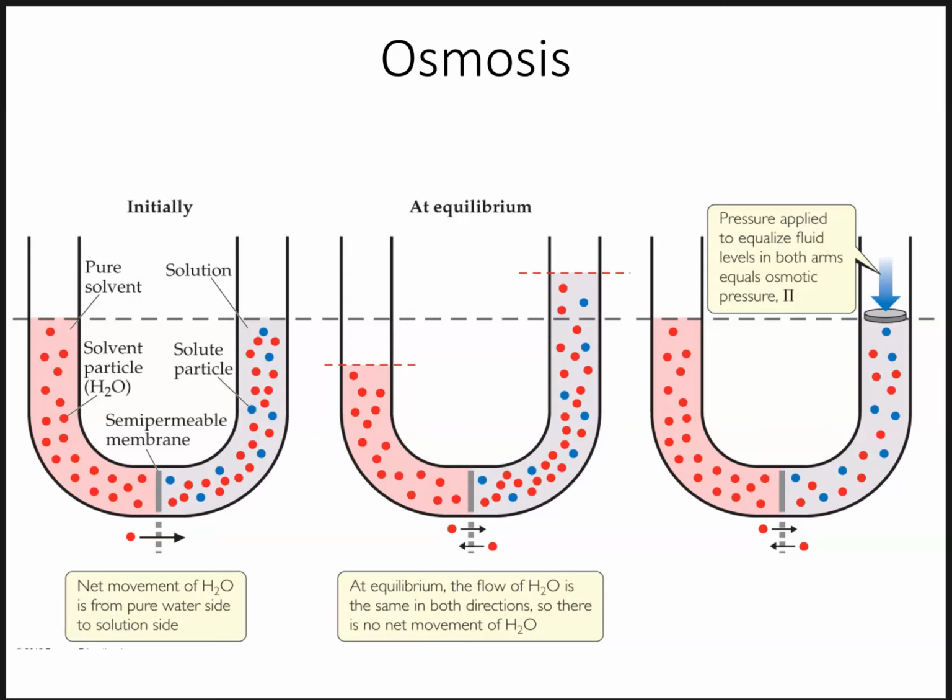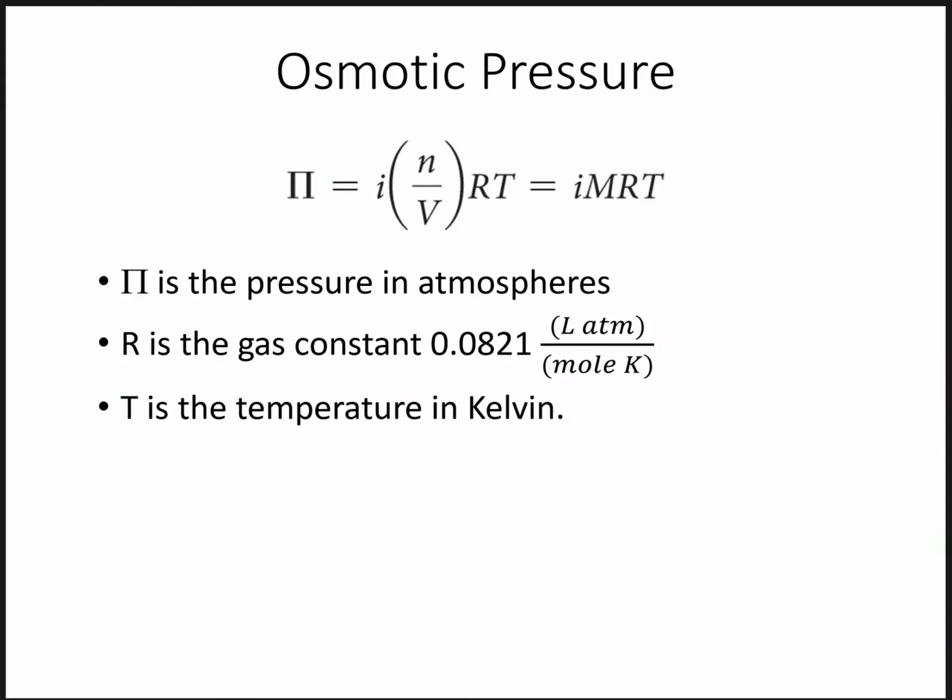That is how much force is required to push down on our middle tube so that it restores to the tube on the right. That's the osmotic pressure. Osmotic pressure is equal to our Van 't Hoff factor again, times molarity, or number of moles divided by volume, times the gas constant R, times the temperature T, and remember T must be in Kelvin.